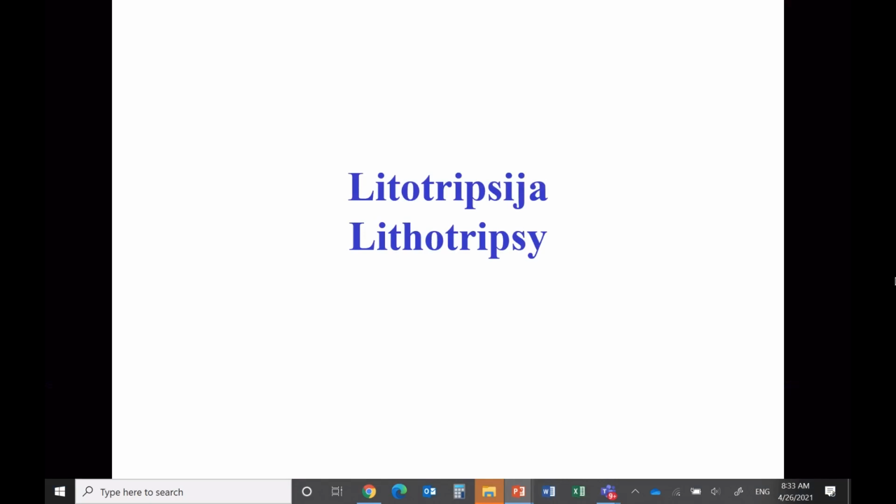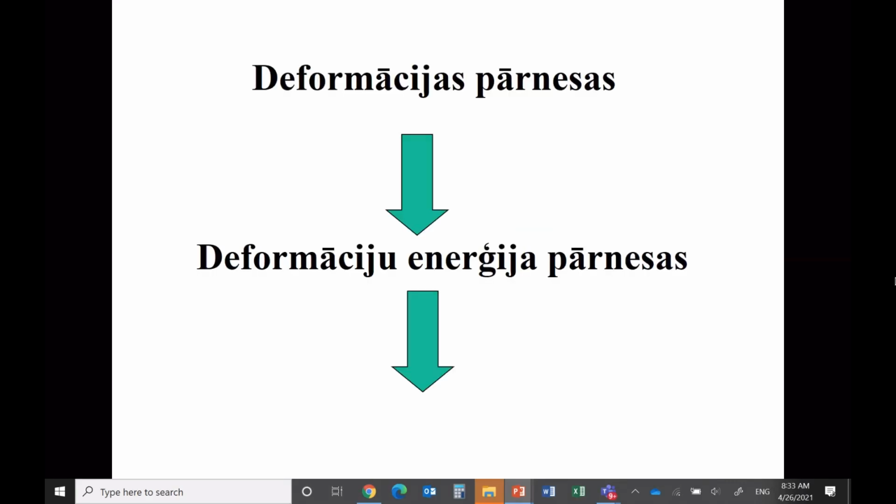So lithotripsy. The idea of this technology is based on our knowledge that sound propagation means the deformation of matter that sound propagates through. And because of this deformation, the deformation delivers the energy.